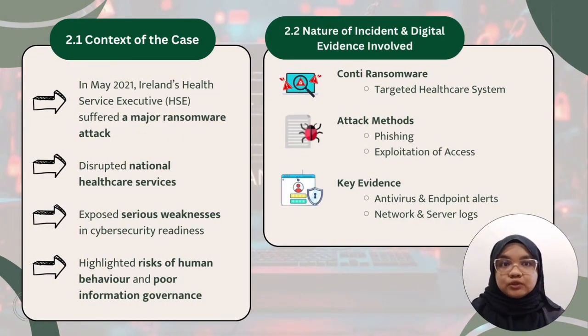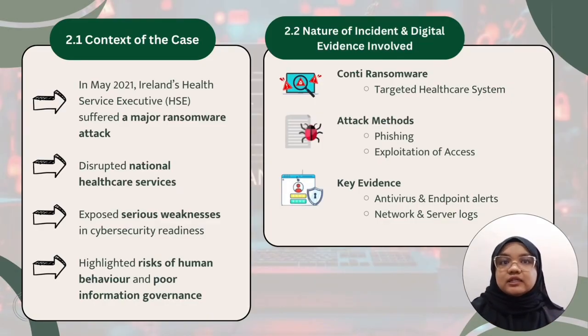Moving on to section 2.2, we will discuss the nature of the incident and the digital evidence involved in the case. The attack was carried out using Conti ransomware, which is a highly sophisticated and fast-spreading malware linked to an organized cybercriminal group known as Wizard Spider. This group is known for targeting critical infrastructure, especially the healthcare system, to increase the pressure on victims to pay ransom.